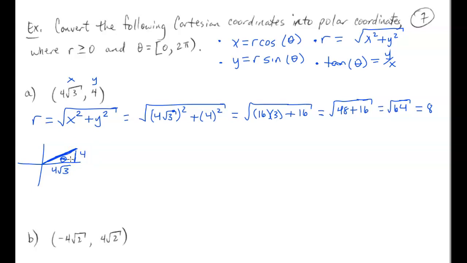So if we use what we know about right triangles here, notice that if we have some angle and this side is a and this side is a times square root of 3, then we know that this is a 30, 60, 90 right triangle. The hypotenuse of this is 2a.